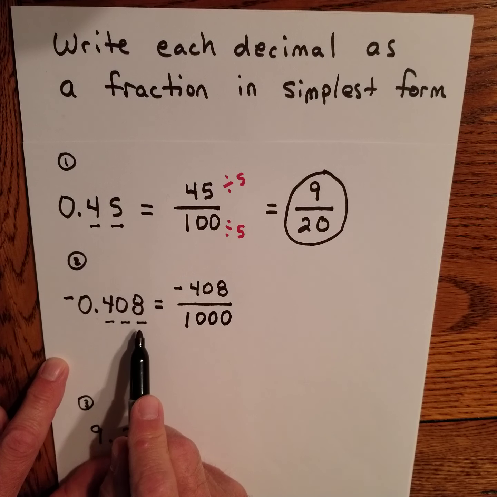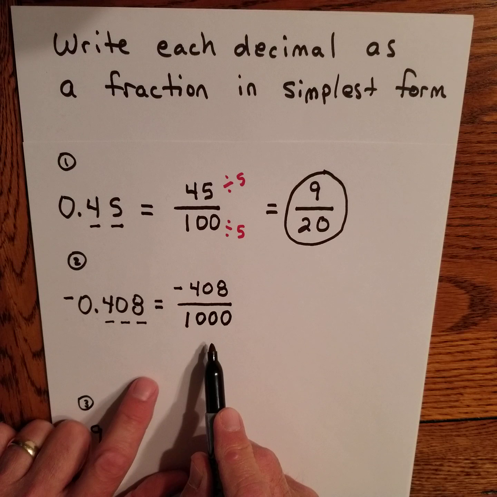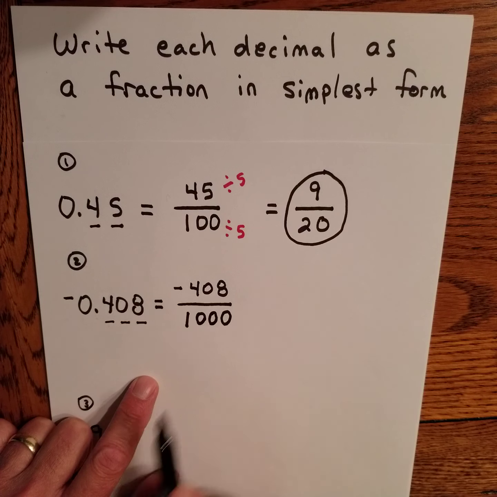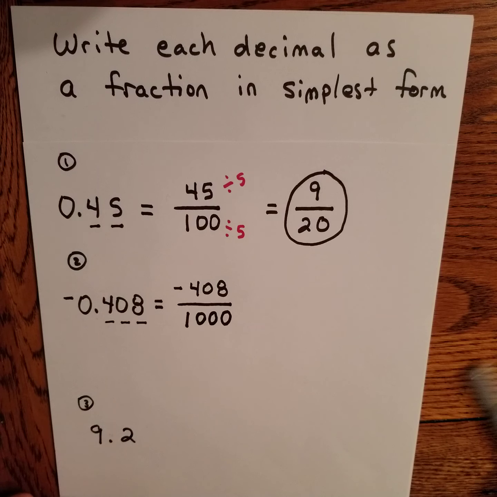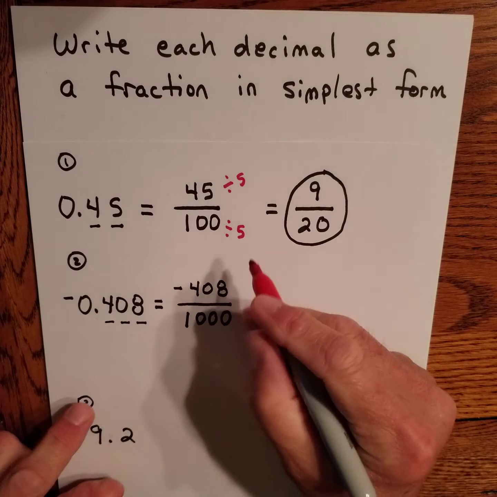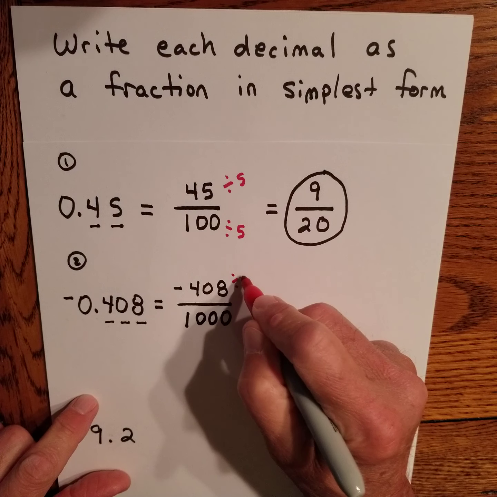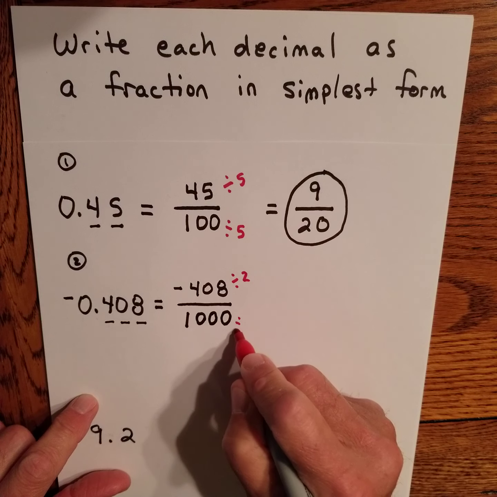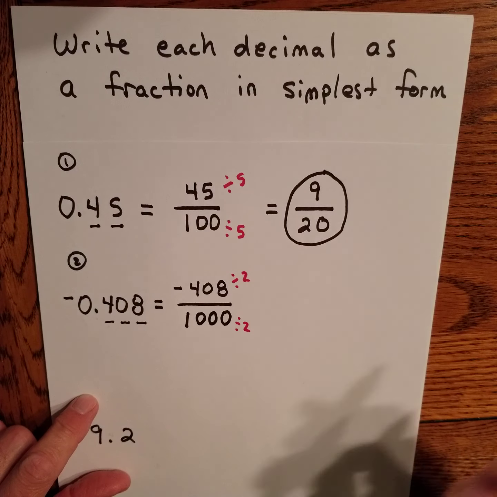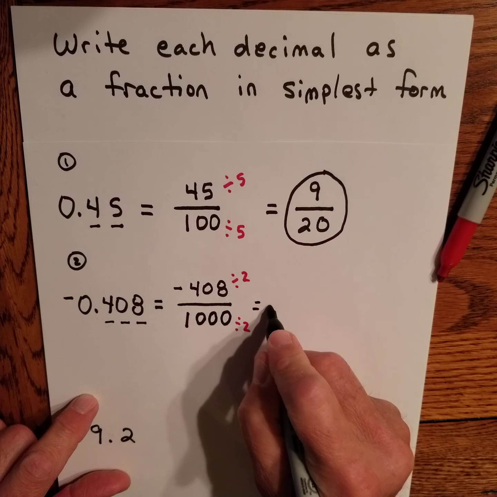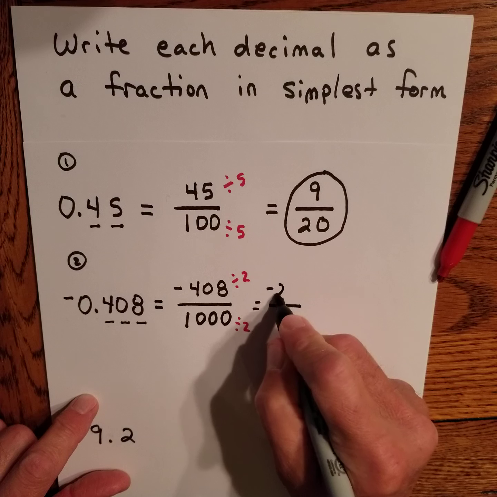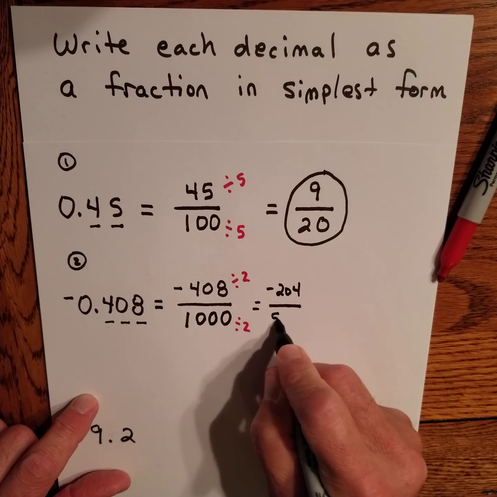Negative 0.408 is the same as negative 408/1000ths. Now let's try to reduce. Well, certainly 408 and 1000 are both even numbers, so we'll divide by 2 and divide by 2. That's negative 204 over 500.